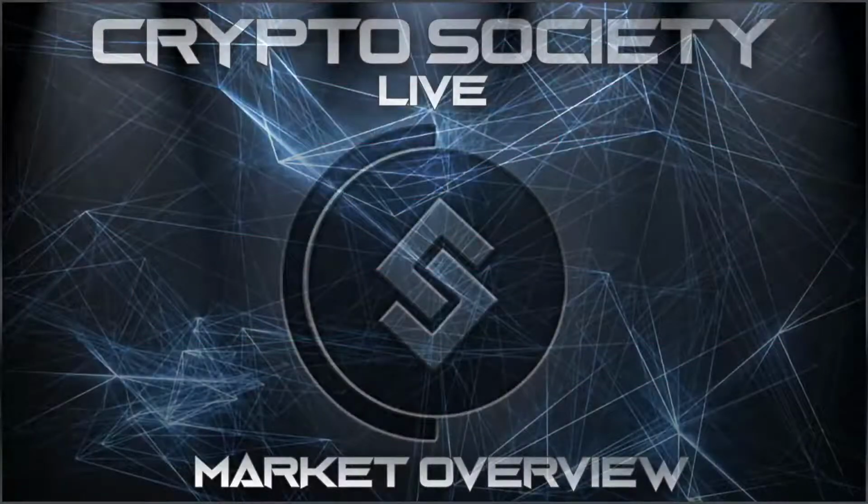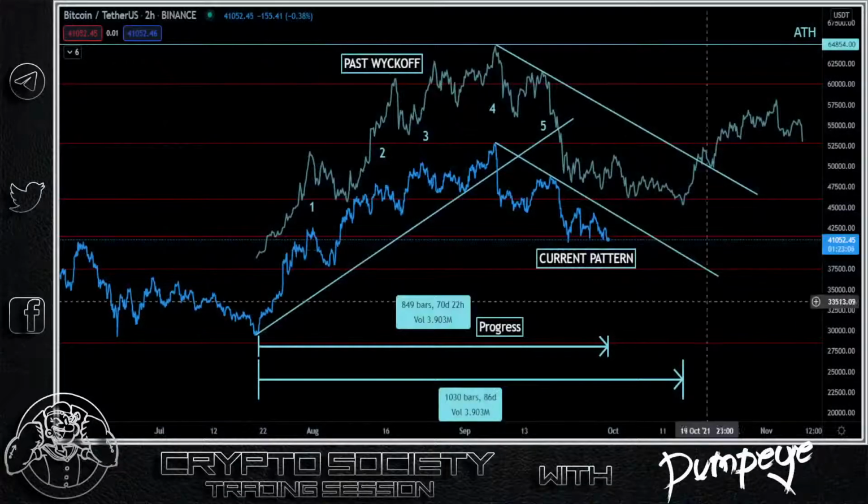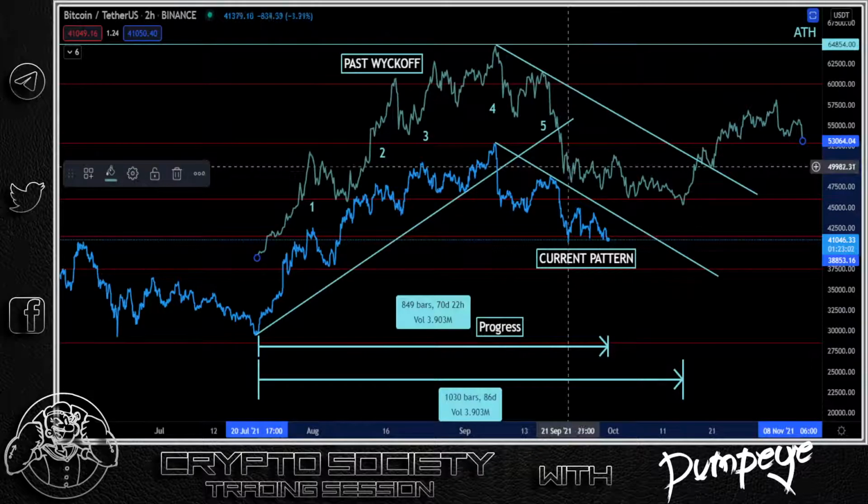Love Coty, but just before we do, with the past Wyckoff, if you brought that Wyckoff pattern down to map the start point of where the current Wyckoff is, that would give you a more accurate area of where this Wyckoff price would finish, would it not? Okay, two seconds.